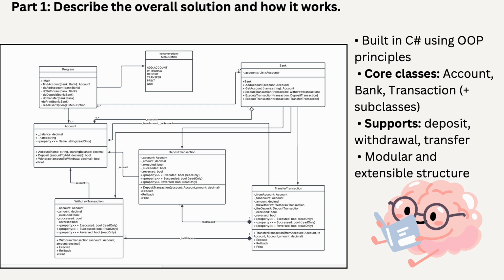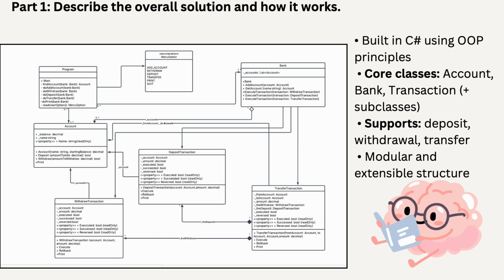To handle banking operations, I defined an abstract class called transaction. As you see in the diagram, this class outlines a common structure for all transactions, with shared methods like execute and rollback. I then created three concrete subclasses: deposit transaction, withdraw transaction, and transfer transaction as well.